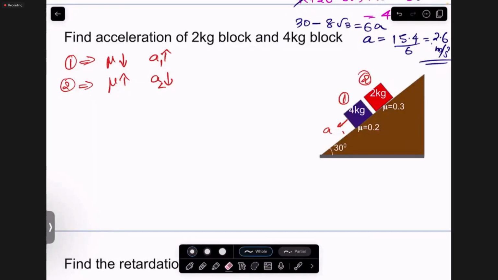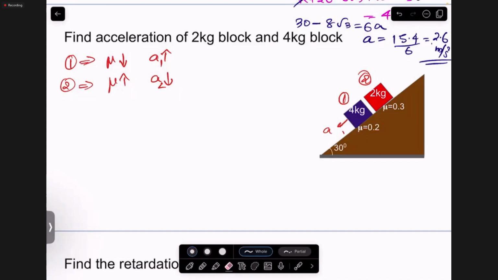So block 1 will speed up and go down the inclined plane ASAP, and block 2 will be following it. So there won't be a collision. So acceleration of block 1 and acceleration of block 2 are going to be different.